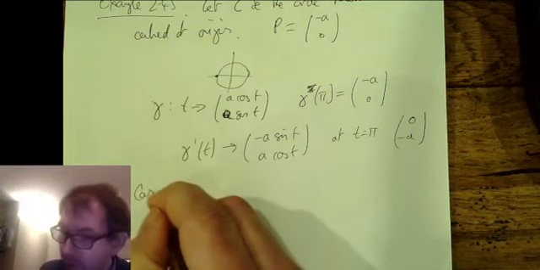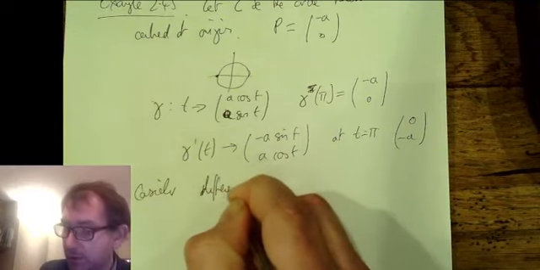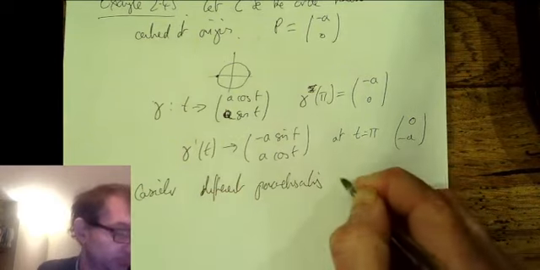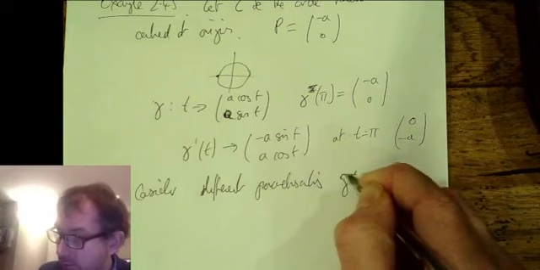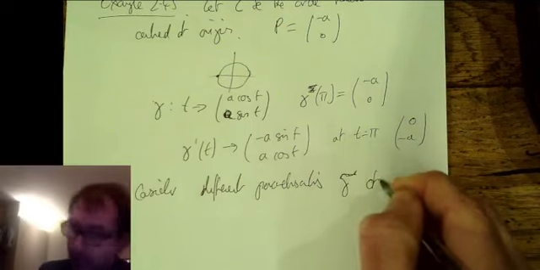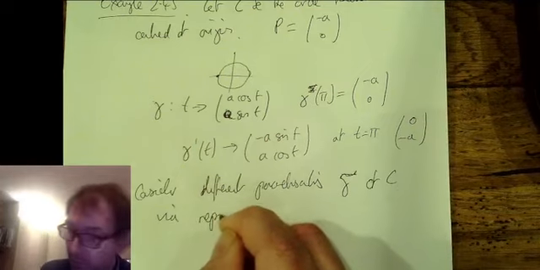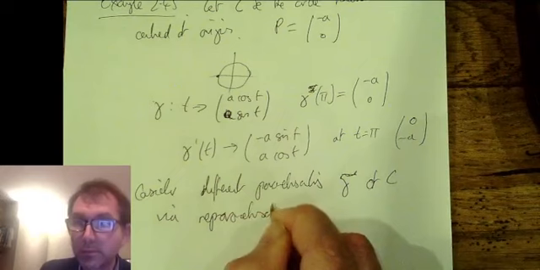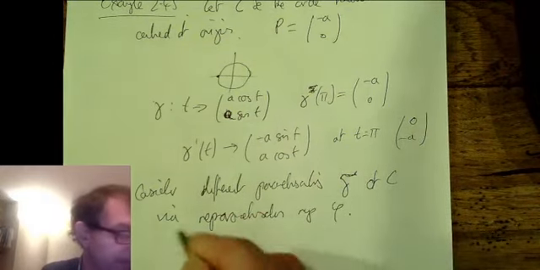So consider different parameterizations, gamma tilde we're going to call them, of C via the reparameterization map phi.